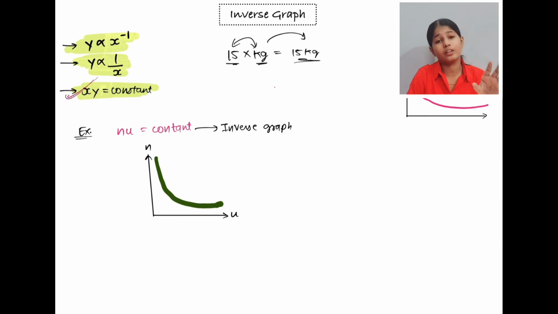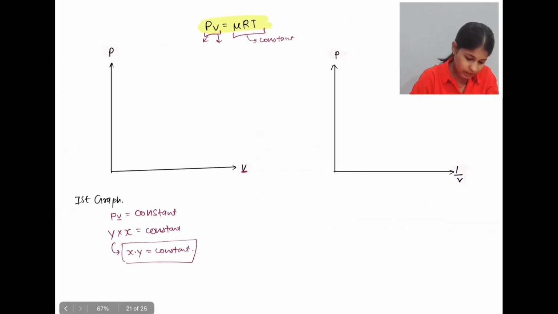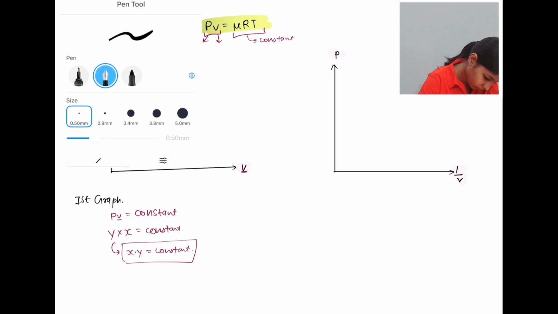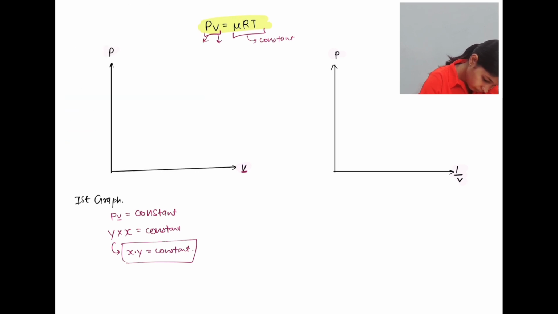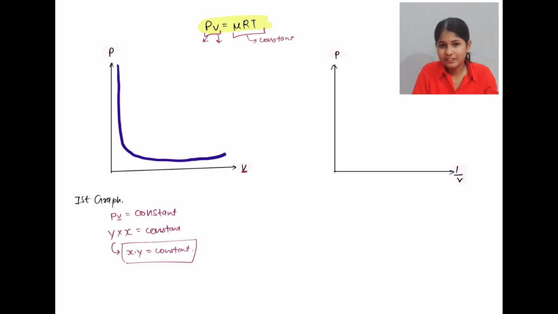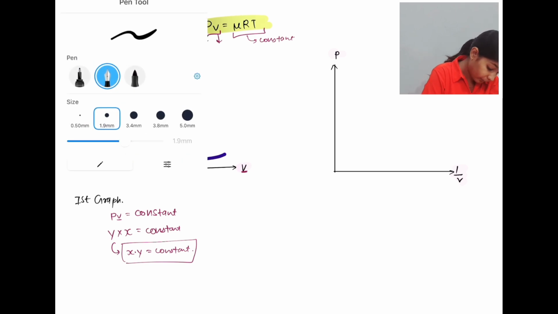If it is given anywhere, you just have to draw an inverse graph. So I'm going to draw it. This is our graph.